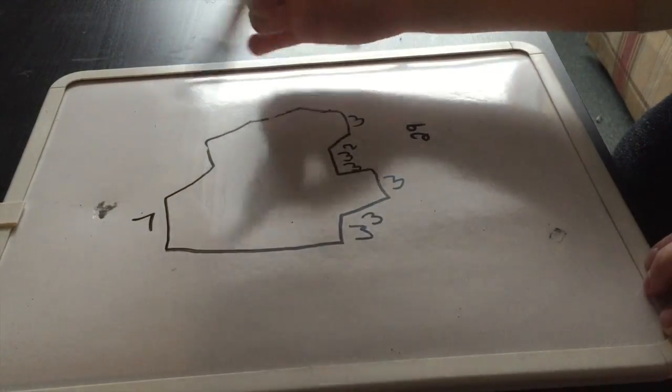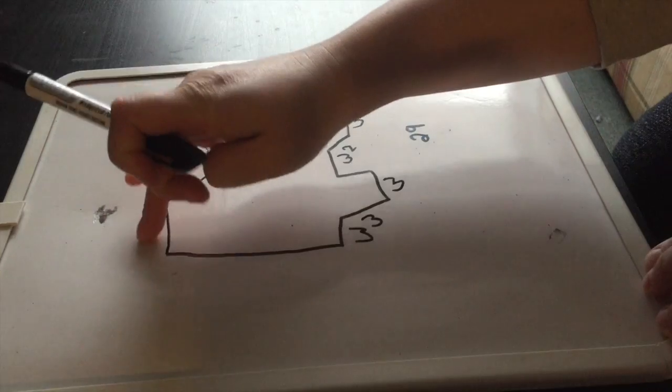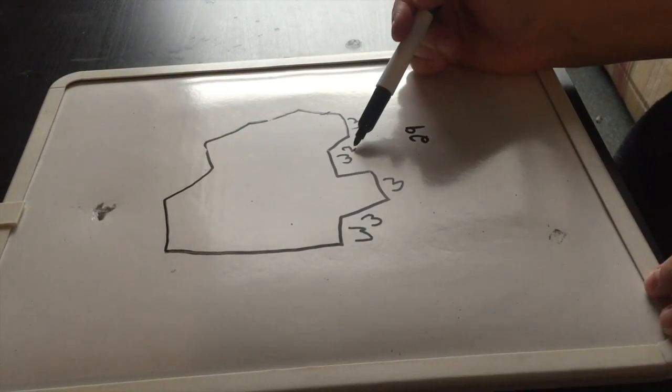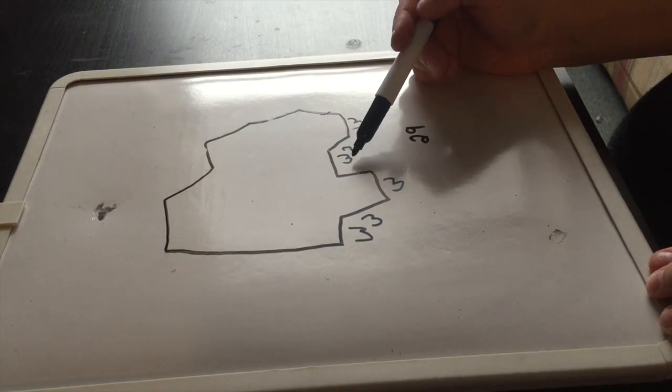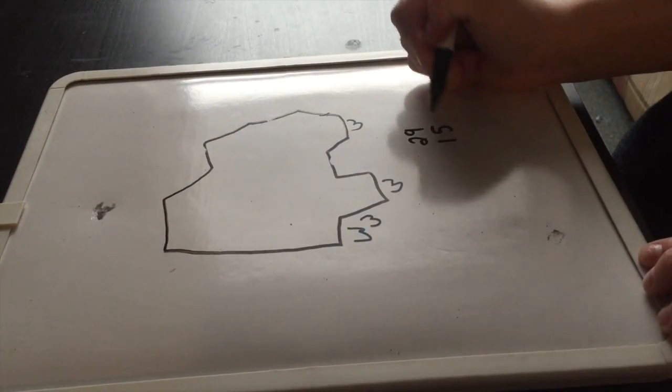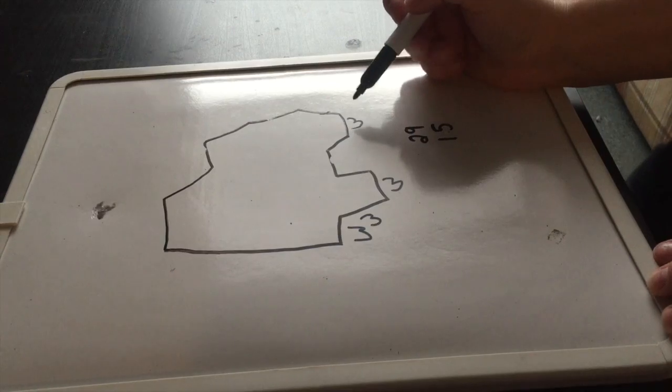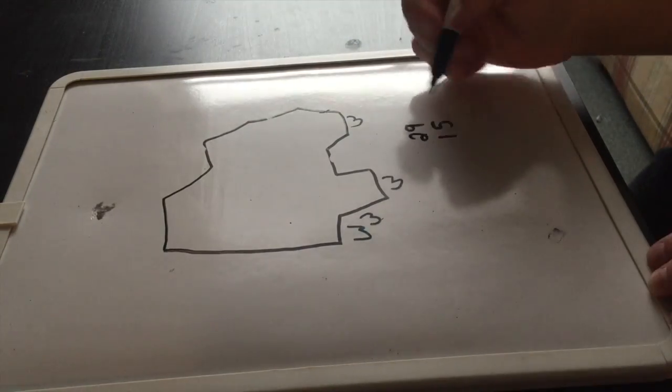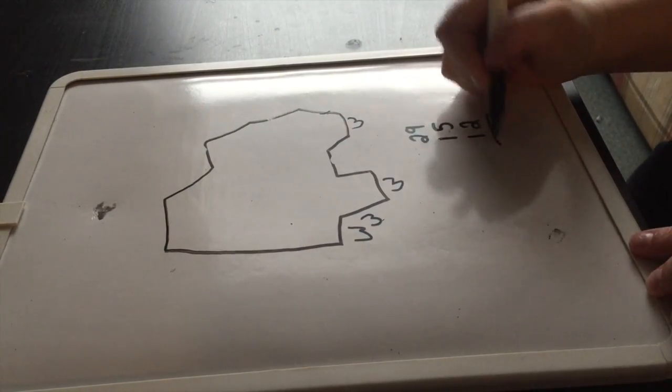7 and 3 is 10. 10 and 2 is 12, and 3 is 15. That's a nice number. And lastly, we have 4 3s. 3, 6, 9, 12. Now we'd add 12.